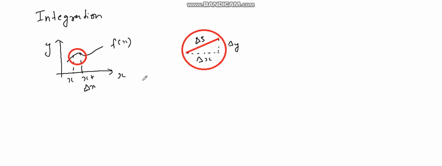Now we can also imagine that this particular point is a particular point of x, so we can represent it by indices xi and xi plus delta xi. Similarly this length is delta si, and this is delta xi, delta yi.